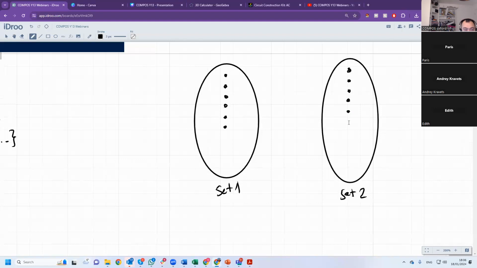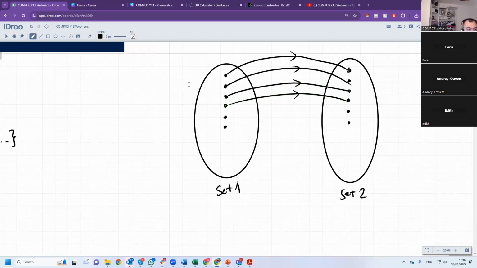If we can find a mapping or a function that maps each element of the first set onto each element of the second one, we have a one-to-one mapping.